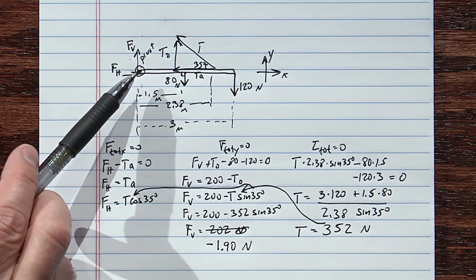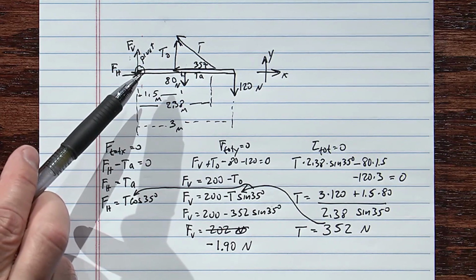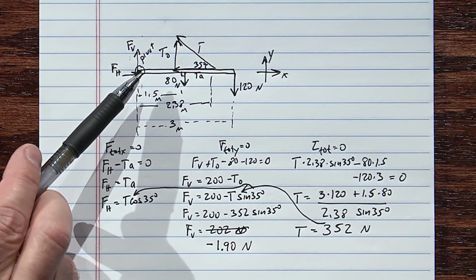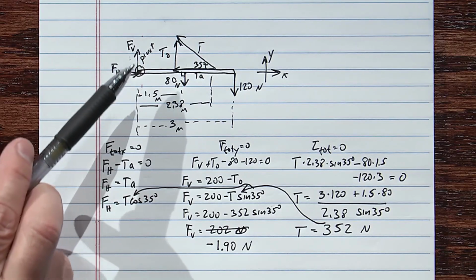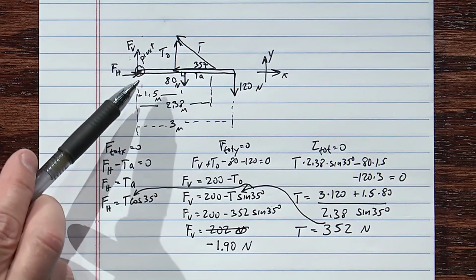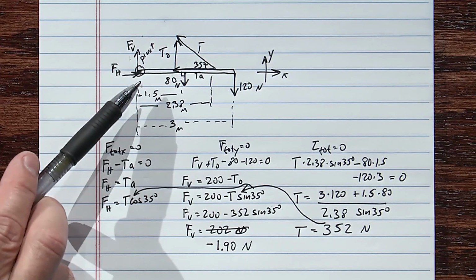Or let's say that the boom is hinged at the wall, that there's a pin that's allowing the wall to exert a vertical force on the boom, then that hinge is pulling downwards on the boom.